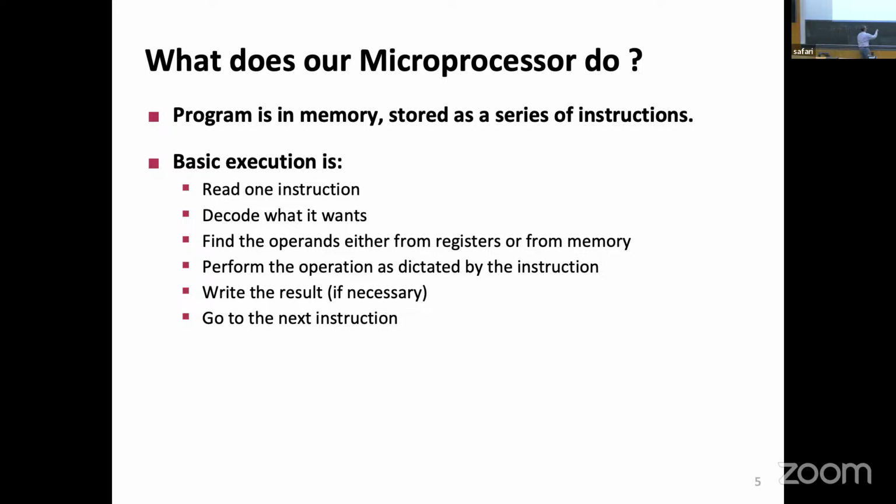Coming out of here, I go to my ALU, which says, hey, I will do some sort of operation. I have an input A, I have an input B, I have a result. This one provides the first input, this one provides the second input, and I have an output here. And what do I do with the output?